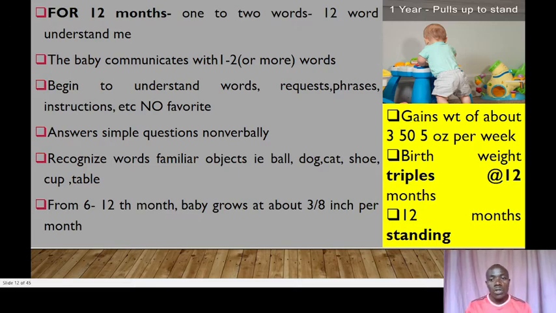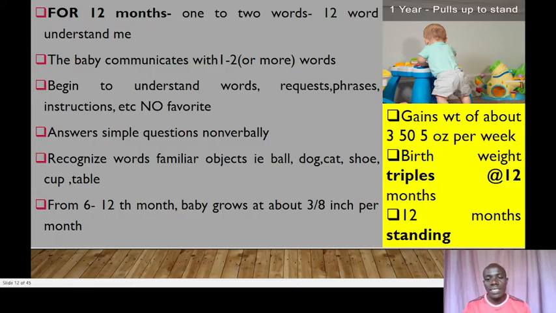It's good to know that from 6 to 12 months, the baby grows at about 3.8 inch per month. They gain weight, and at 12 months, their birth weight triples. Remember, at 5 months, it doubles.